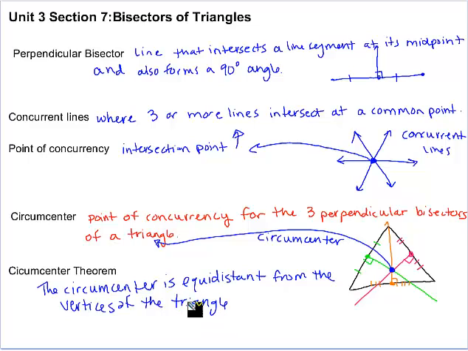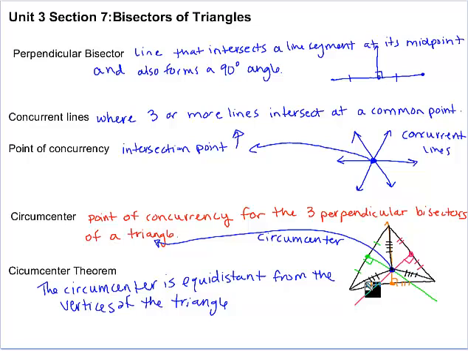So if we want to add to this diagram, here we need to draw in from the circumcenter to each vertex. So if we draw in those segments right there, those segments should all be equidistant to each other. So those segments are all congruent to one another.